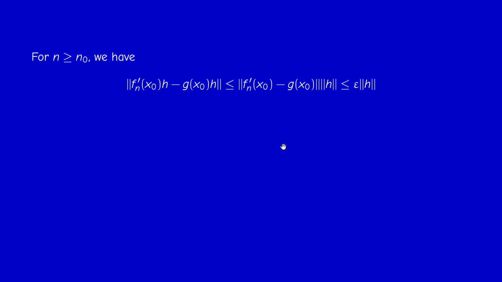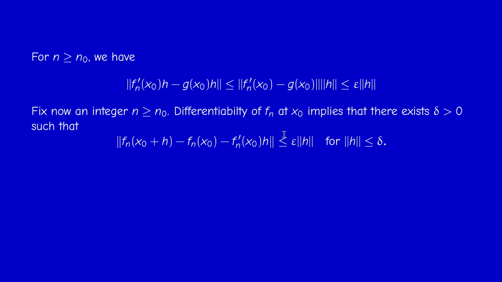Okay, this is standard. And since fn prime converges to g uniformly, this is less than epsilon for n bigger or equal than n0. We already used that before. So the third term is also less than epsilon norm of h. Okay, so now we have to tackle the second term here.